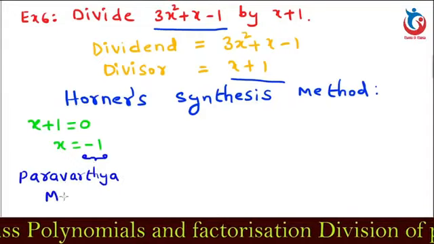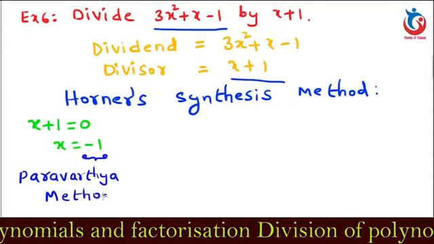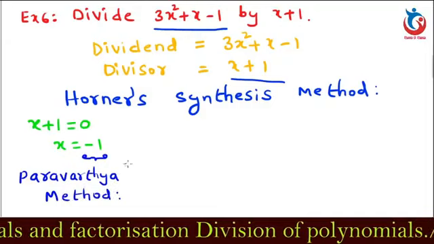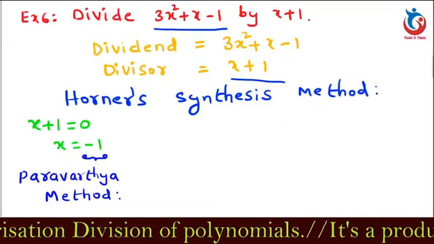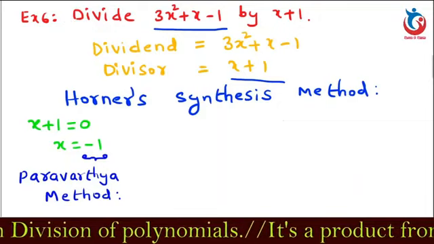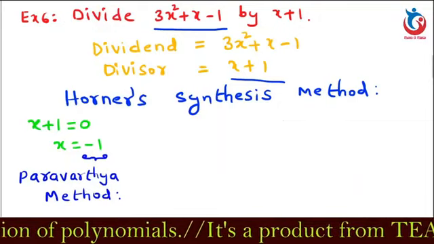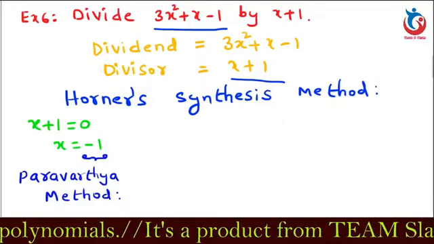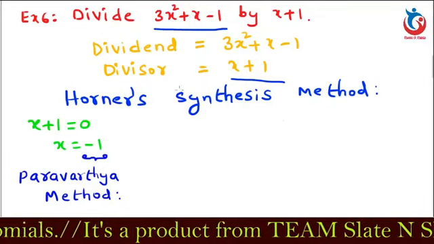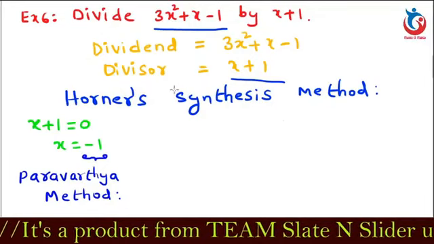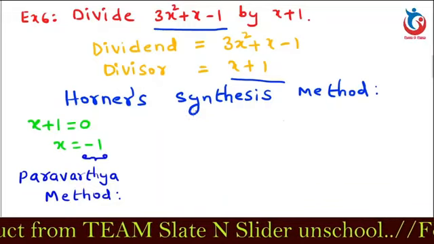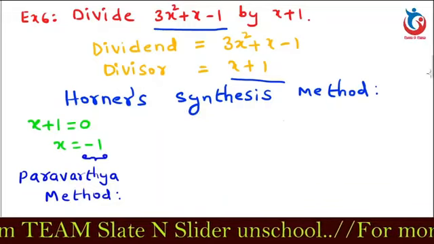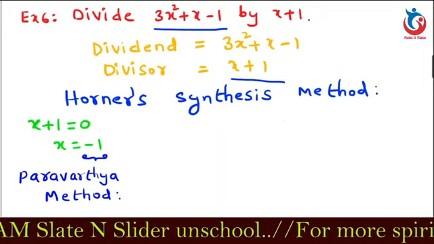This is a very easy method and it is not in the textbook, but we can use it, no problem, because in the examinations also any method is acceptable. So you don't bother about that. Already in the previous 10th class textbooks this method was introduced. Actually in the new book it is not there, but don't worry.